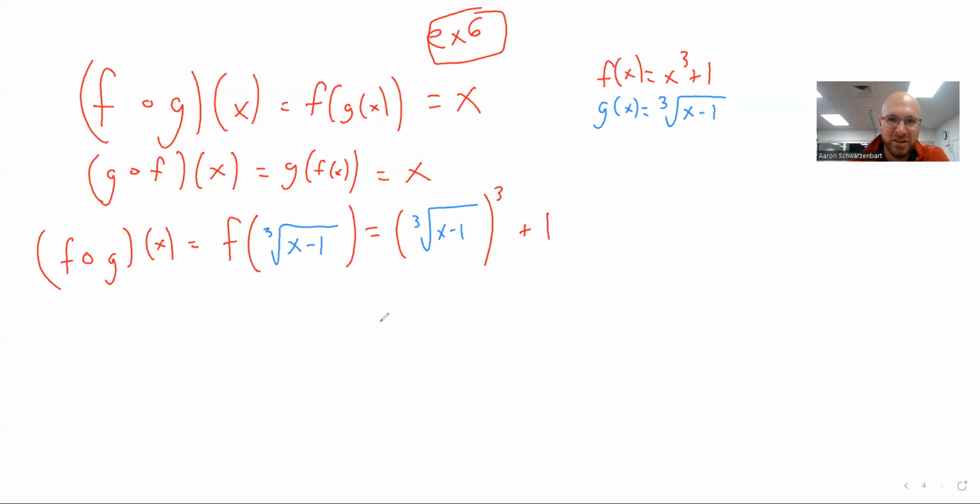Well, the cube root and the cube just cancel out. That's x minus 1 plus 1, which definitely equals x. Check mark. This one's taken care of.